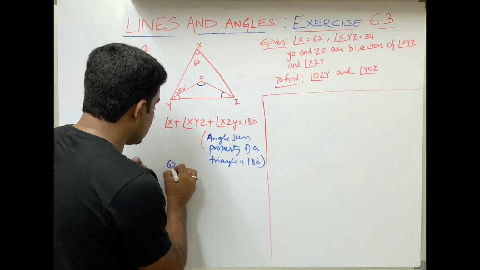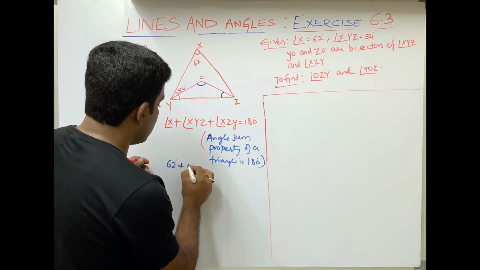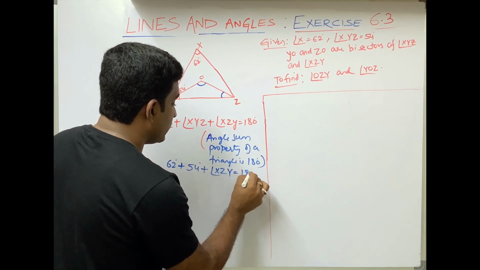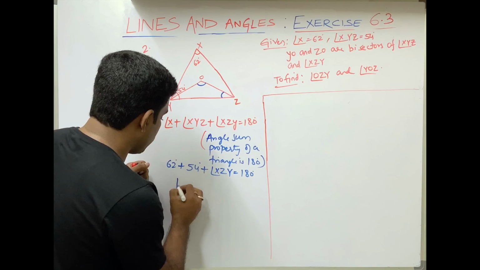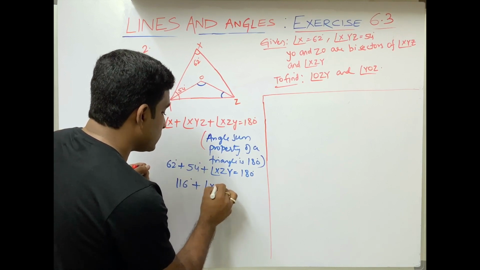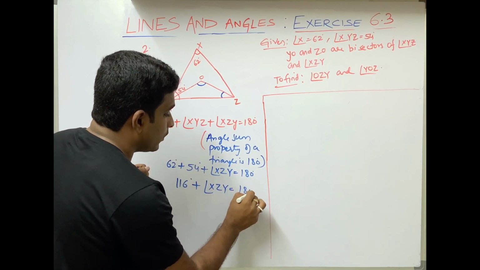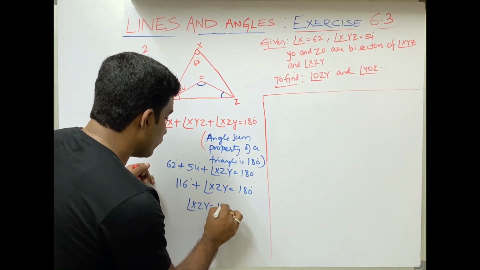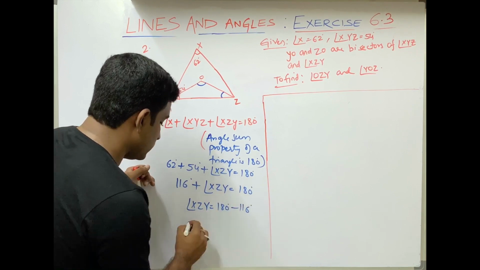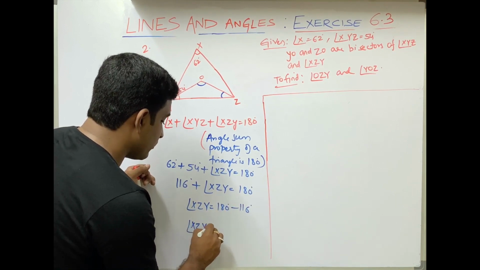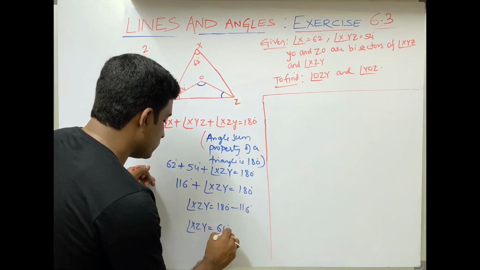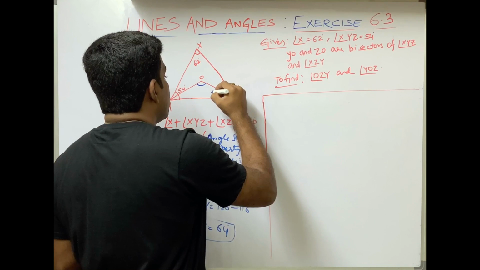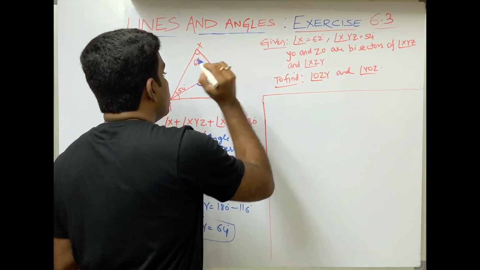Angle X we know as 62 degrees plus angle XYZ we know as 54 degrees plus angle XZY equal to 180 degrees. 62 plus 54 will be 116 degrees plus angle XZY equal to 180 degrees. Angle XZY equals 180 minus 116, that means angle XZY equals 64 degrees.